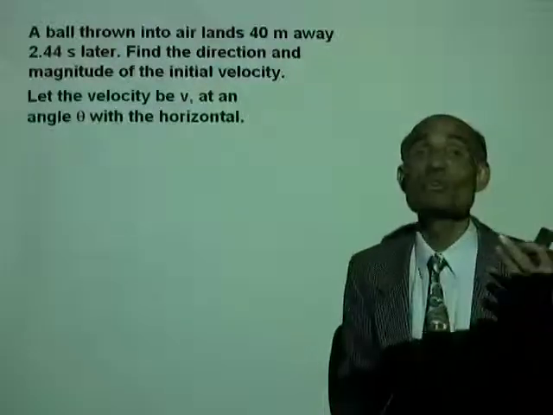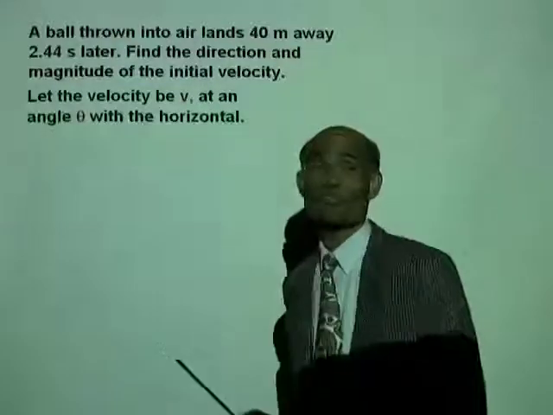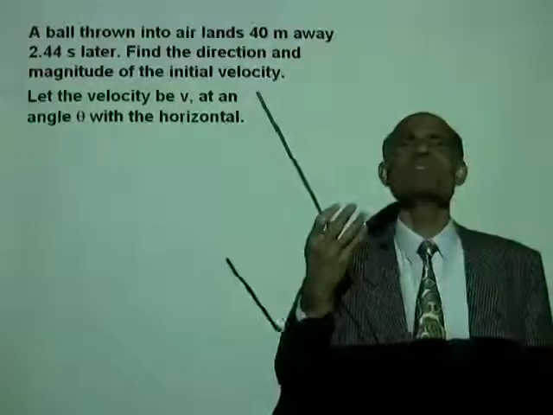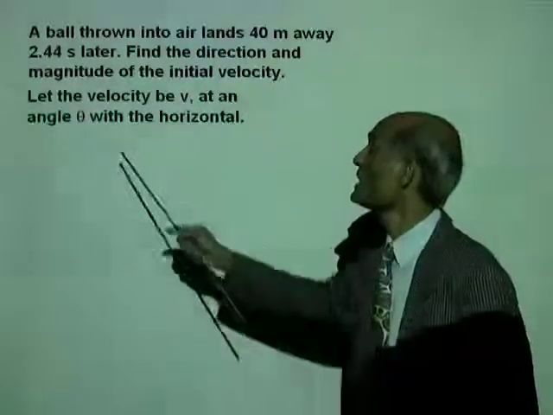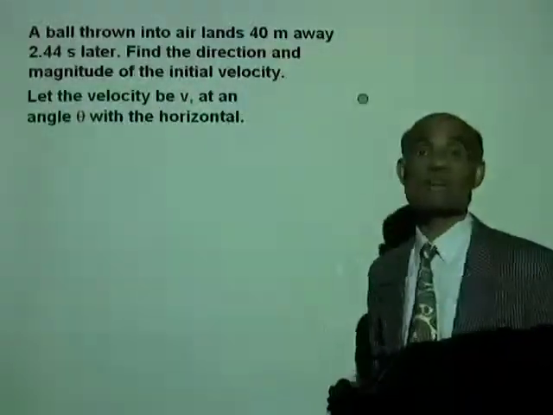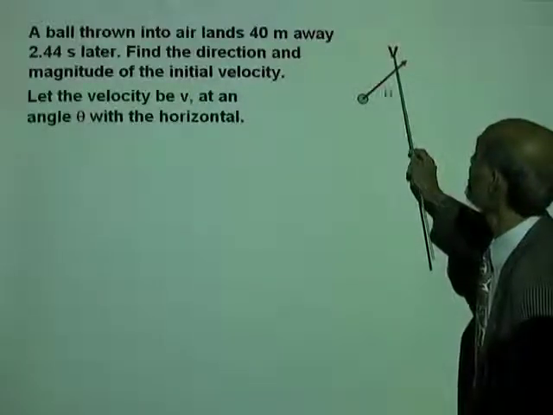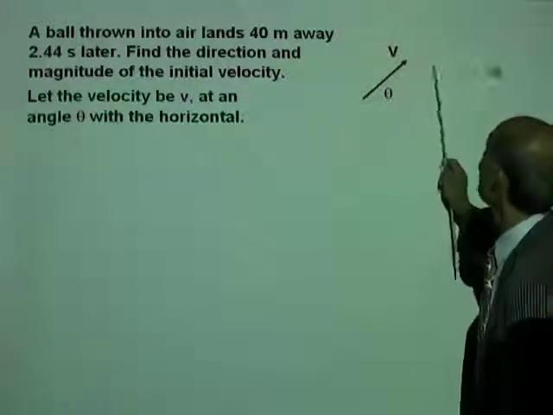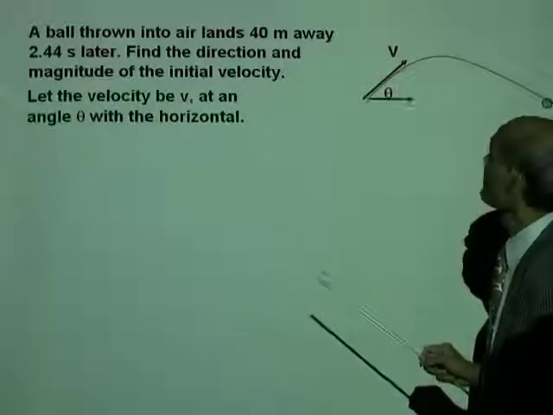We don't know the angle of projection. So let the velocity of projection be V. Normally we call it V0, but let's call it V this time. And the angle of projection is theta. Here is the object. It is projected with a velocity V at an angle theta. There it goes.